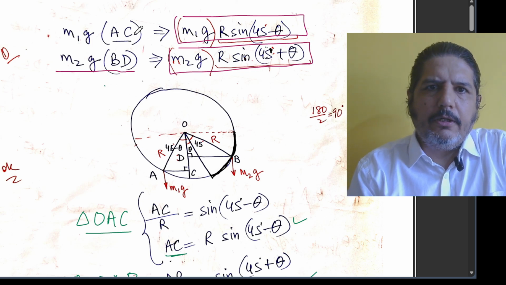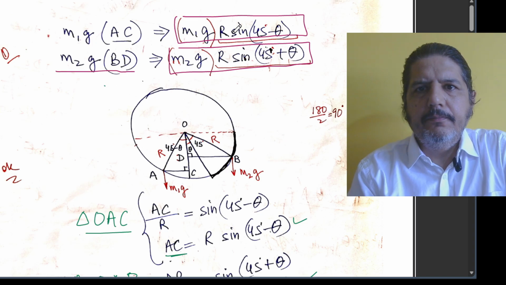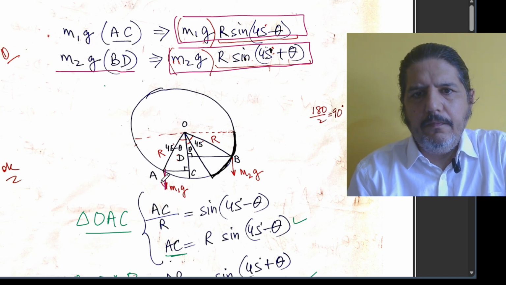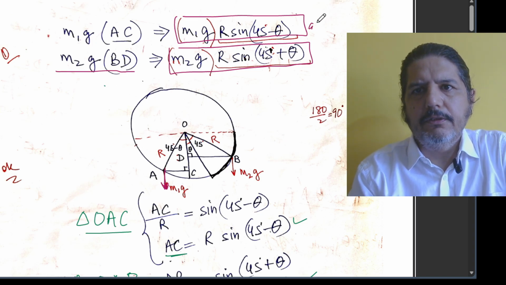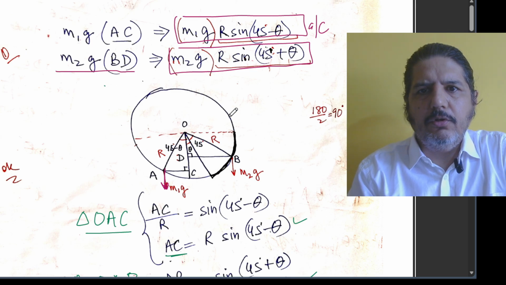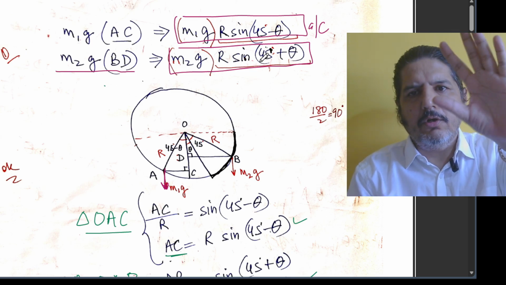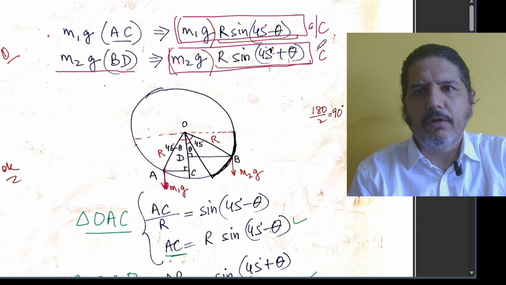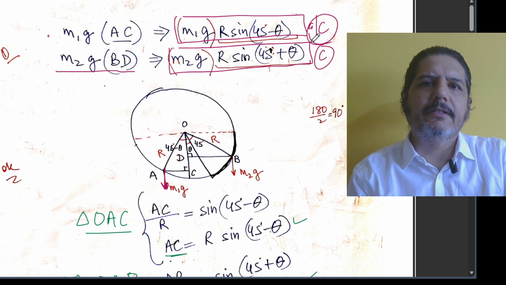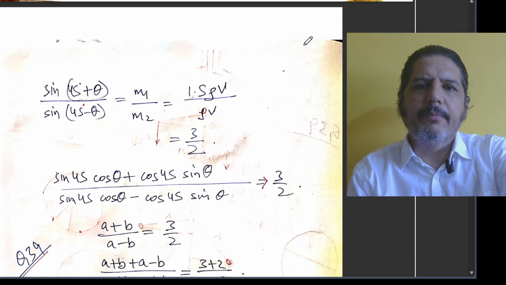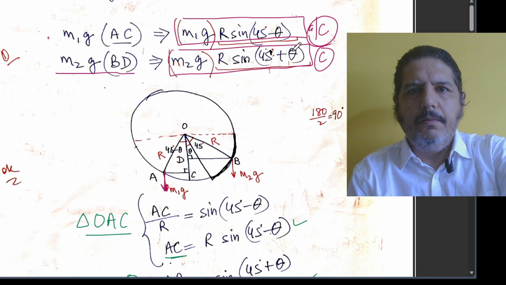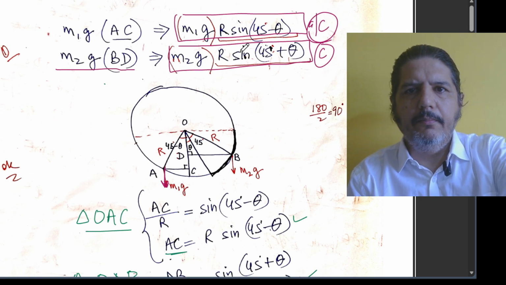So the torque at AC, which is in the anti-clockwise direction, is balancing this torque m2g, which is in the clockwise direction. This is in the clockwise direction, this is in the anti-clockwise direction, and when they are in equilibrium, they balance each other.